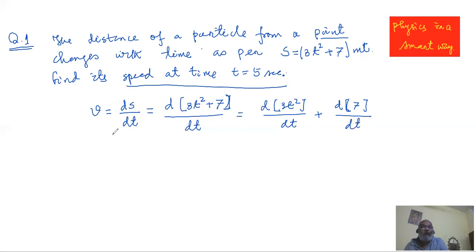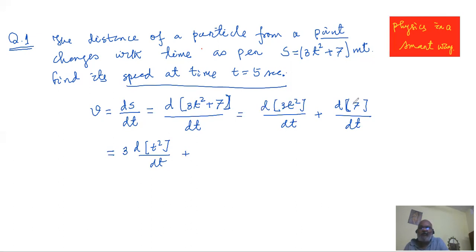As you know, in case of differentiation, if there is some constant inside, it can be taken out. So I am taking out 3, because this 3 is practically lying idle there. Now remains derivative of t square with respect to time plus the second part, derivative of constant, that is 7. 7 is a constant, and the derivative of a constant is 0, because you cannot make a change in the value of 7.